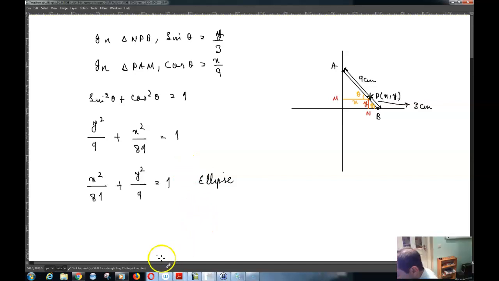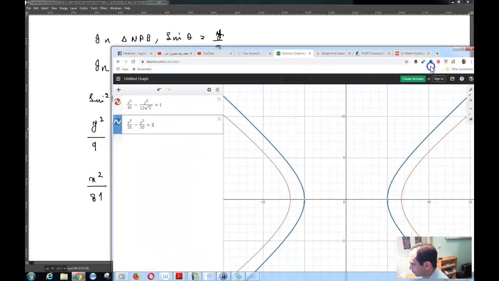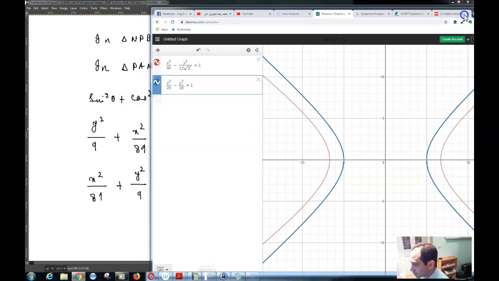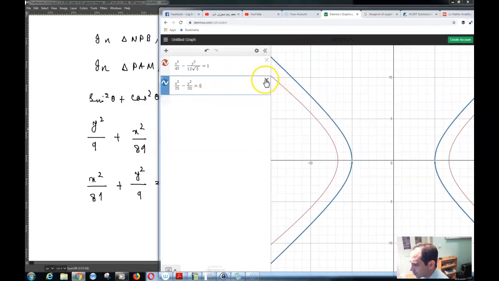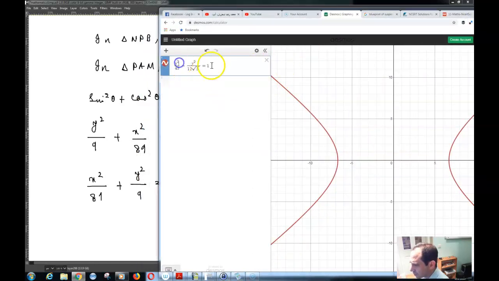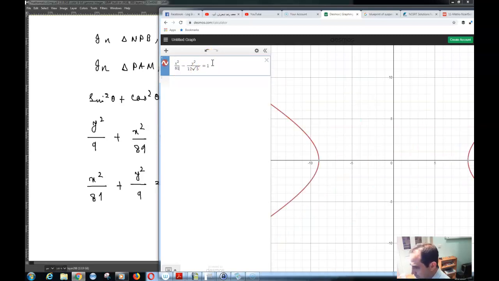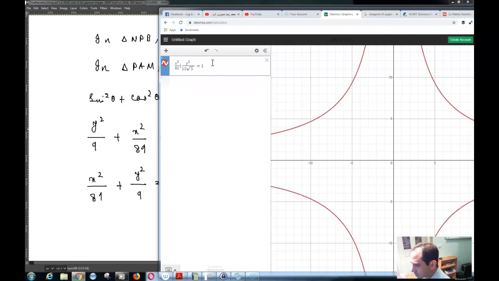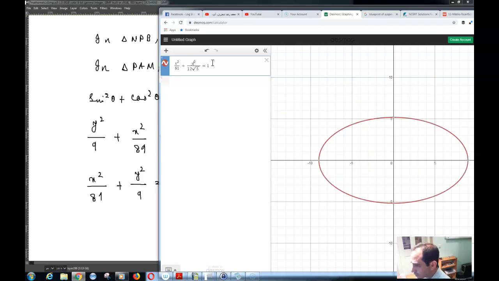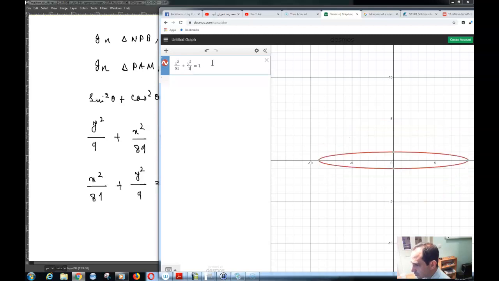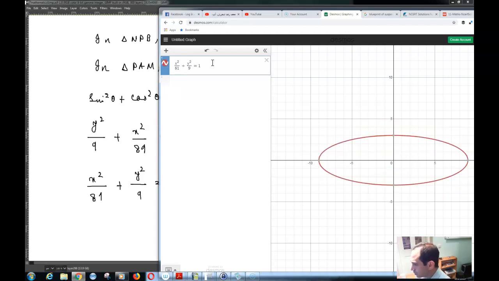So the equation of this path over here is x squared by 81 plus y squared by 9 is equal to 1.